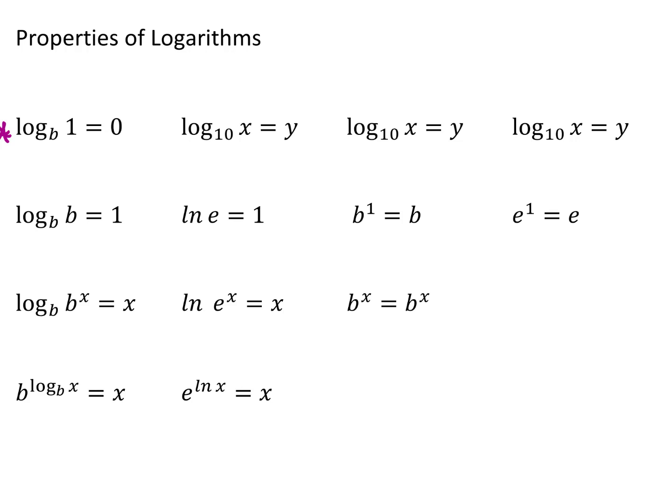We're not very familiar with logarithms. Our minds are more adept to thinking about exponentials. So if I change this to an exponential, b to the 0 is equal to 1. Well, when you learned about properties of exponentials, you learned that anything raised to the exponent 0 is equal to 1. So that means that this property makes sense.